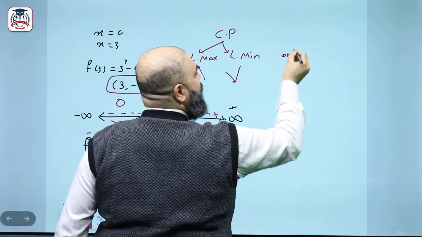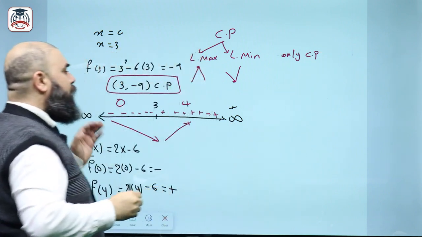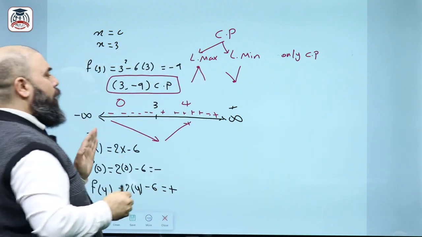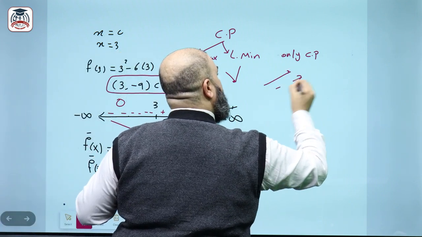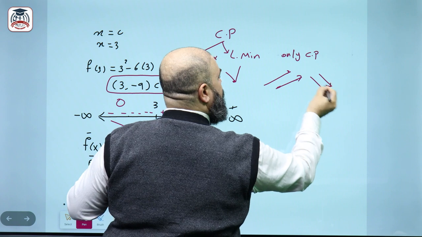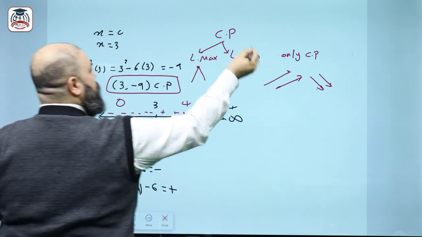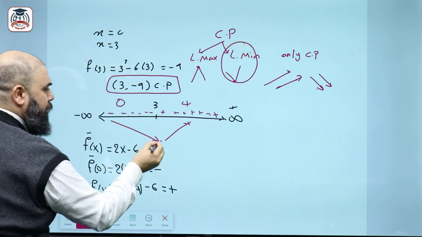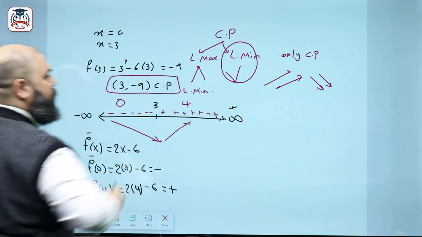Otherwise, a critical point where both neighborhoods are increasing or both are decreasing. In this case, we have this shape, then this point is a local minimum point, this type of critical point.